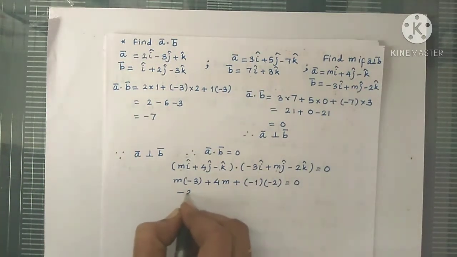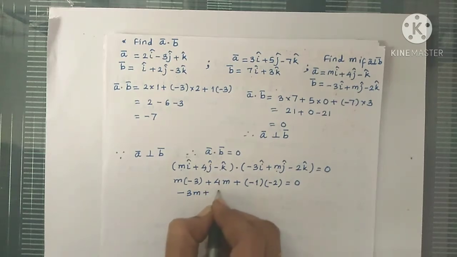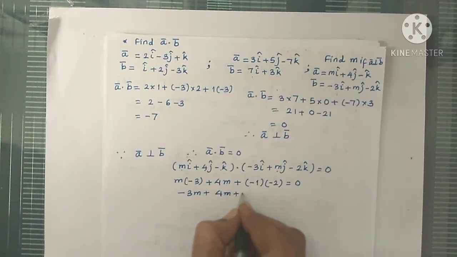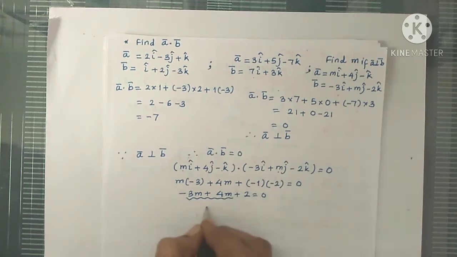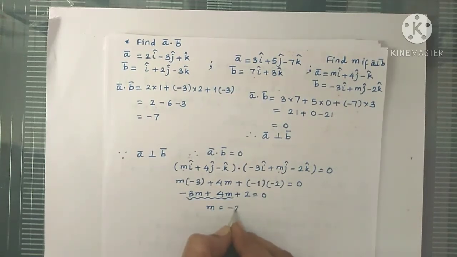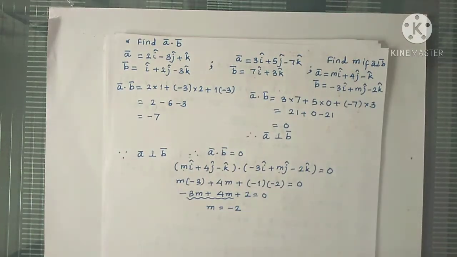So it is minus 3m plus 4m plus 2 equal to 0. So adding these terms we get m, and transferring 2 to the right hand side we get the value of m as minus 2. So m equal to minus 2.